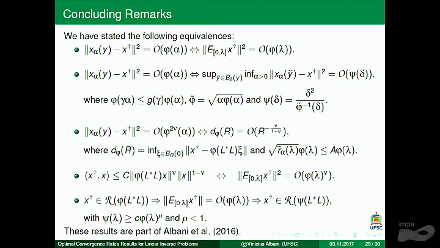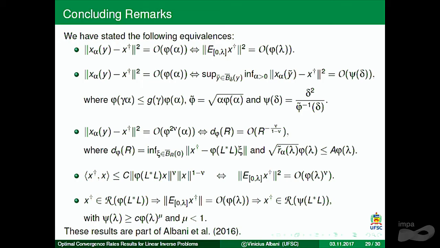And we have this equivalence between the convergence rate with noiseless data and the convergence rate with noisy data. So here we have phi and here we have psi. We must be careful with that. Psi, in many cases it's not possible to find psi explicitly because it's defined in terms of this inverse function, the inverse of this function phi.